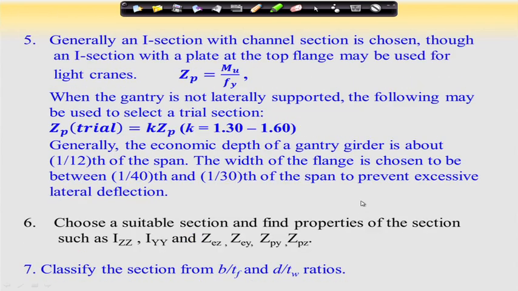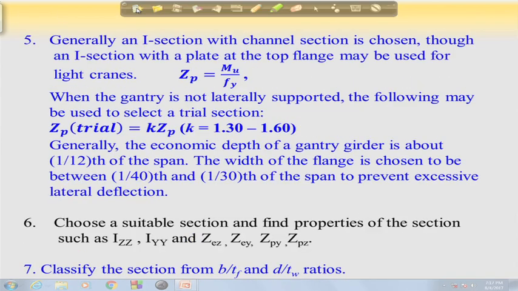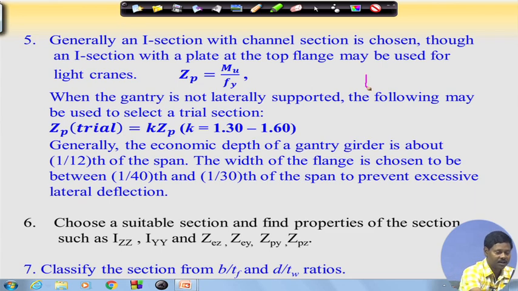And then, as the next step, we can find out the section modulus. Generally we provide an I section with a channel section at the top. However, sometimes we provide an I section with a plate at the top flange for light cranes. That means, if cranes are light, then we can provide an I section and a plate at the top.